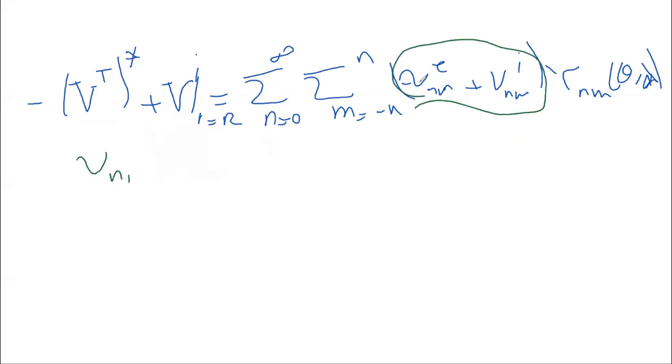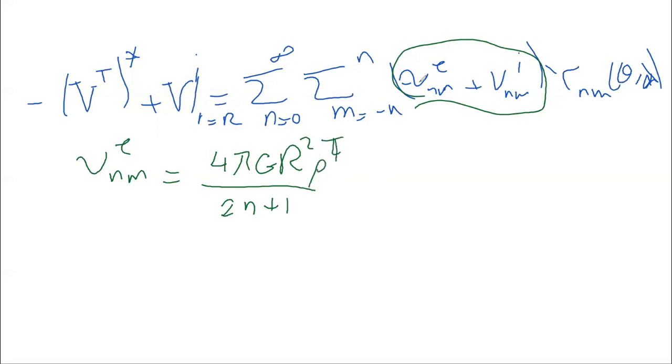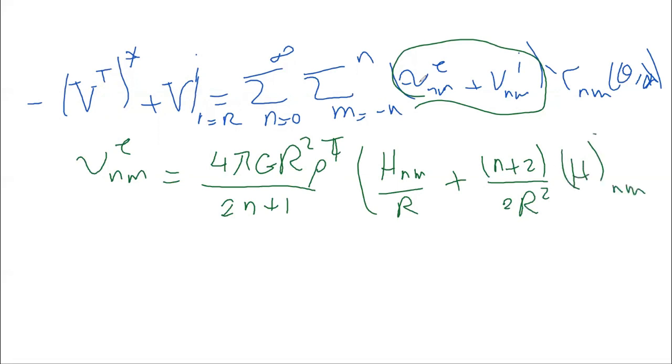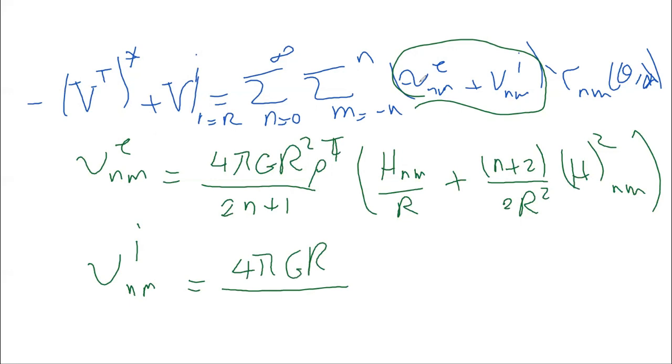Now we work on this term. If you remember, V external was that 4 pi G R squared, if I'm not mistaken, please correct me if I'm wrong, and rho topography, it will be H_nm over R plus n plus 2 over 2R squared H_nm squared. And V_nm internal, we have a similar thing here, 2n plus 1.